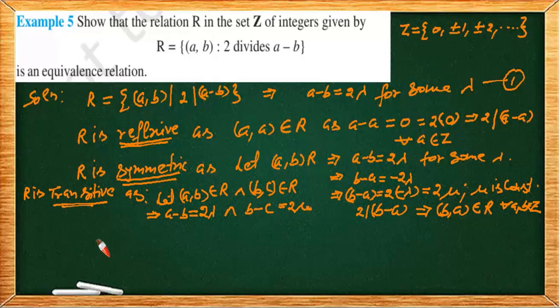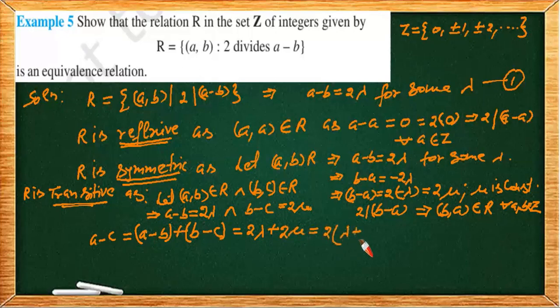Now we consider A minus C. We can write this A minus C as A minus B plus B minus C. Okay, adding and subtracting B. So A minus B is 2 lambda, and B minus C is 2 mu. Taking 2 common, we have lambda plus mu.